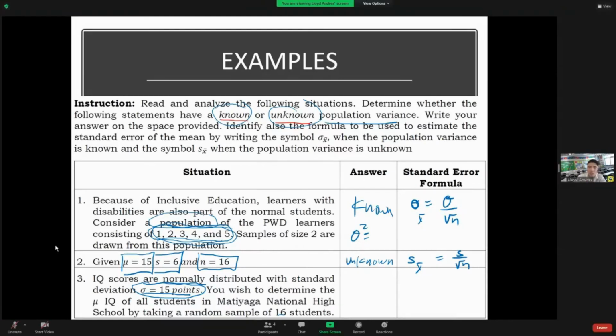So ma-solve ra nato si sigma squared, squared lang pod nimo. So meaning this is known. Though again, dili siya directly given, pero ma-solve nimo ang sigma squared ani. Unlike sa number 2, wala kay data, dili mo ma-solve si sigma squared. Since known siya, so ang standard error nato is sigma sub x bar, which is sigma over square root of n.